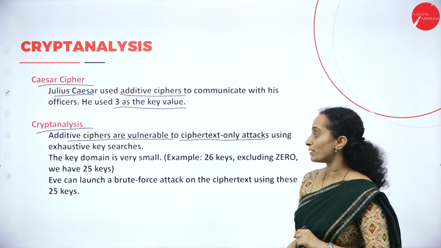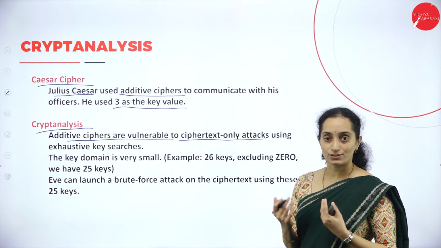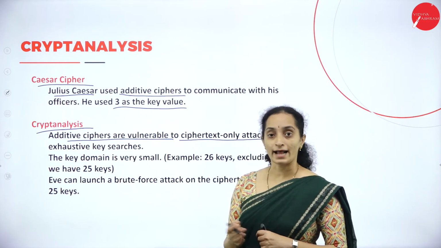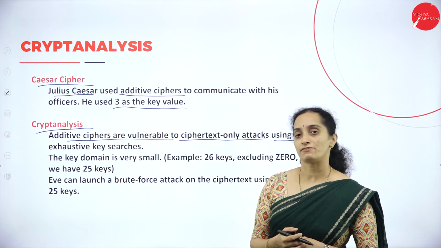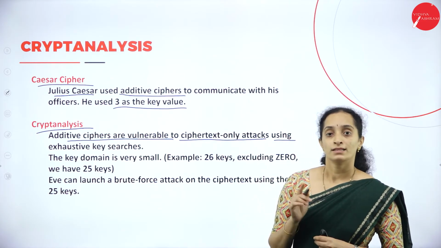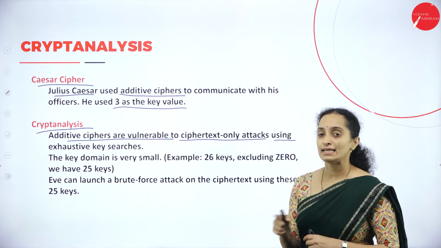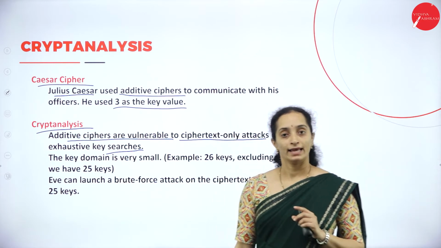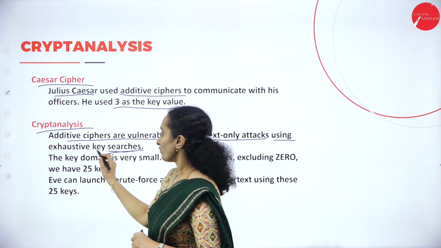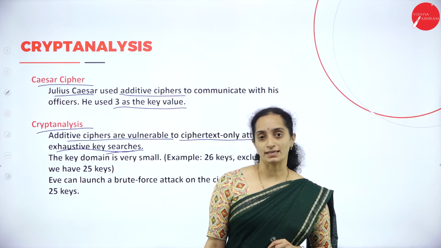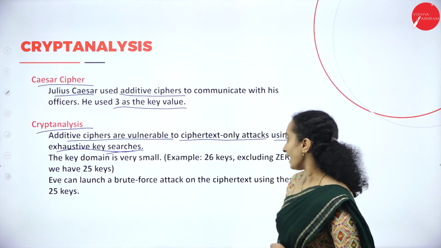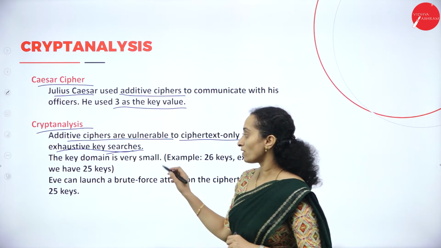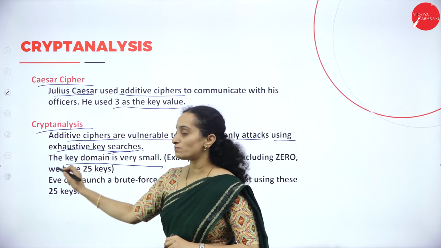You cannot use additive ciphers for a long time because the adversary can easily attack your encrypted data. One method is exhaustive key search, or brute force attack, which is most widely used on additive ciphers, because the key domain is very small.